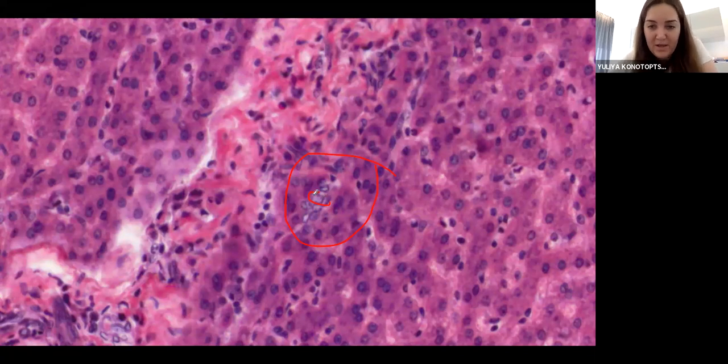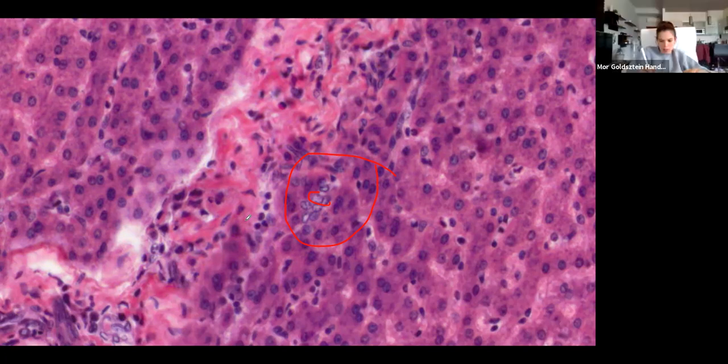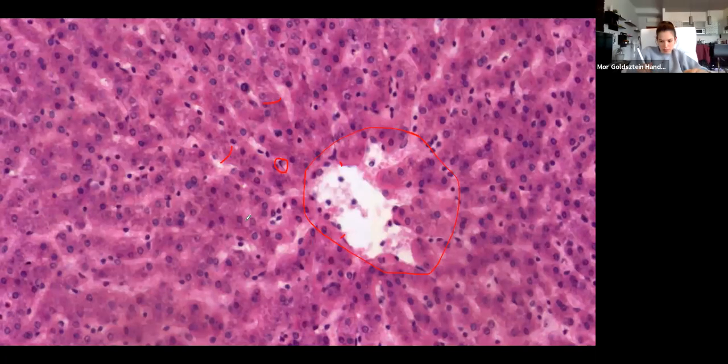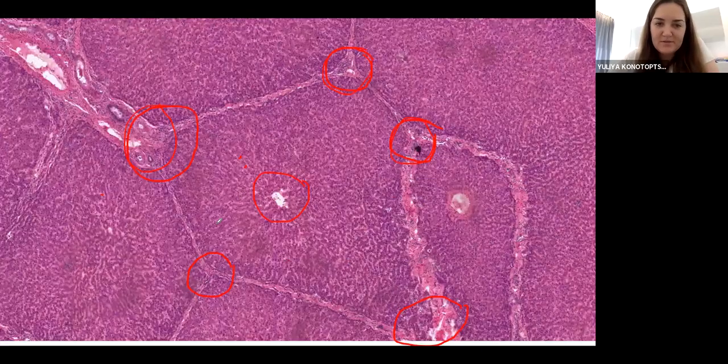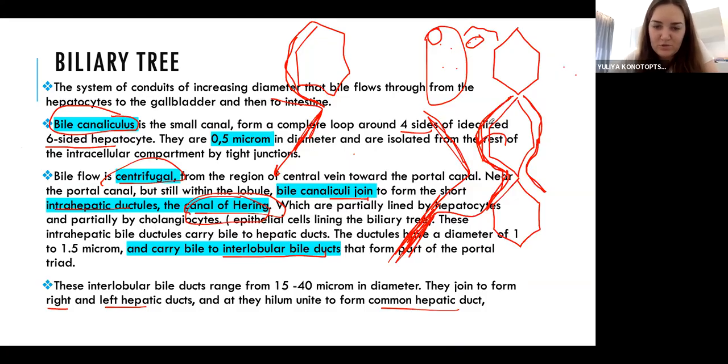So how do we call this bile ductule? We call it intrahepatic bile ductule or canal of Herring. You remember? Do I need to go back? Yes or no? Yes. Okay, so we're going back. There you go. Canals of Herring. You remember that lots and lots of little tiny bile canaliculi have fused together and given you the intrahepatic bile ductule, which is in the liver.